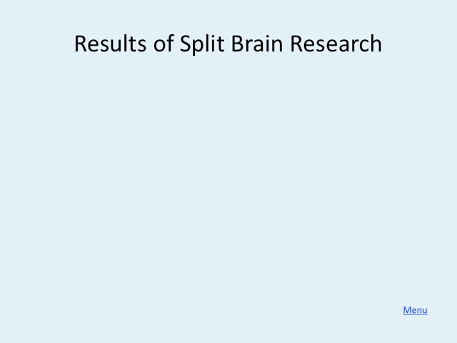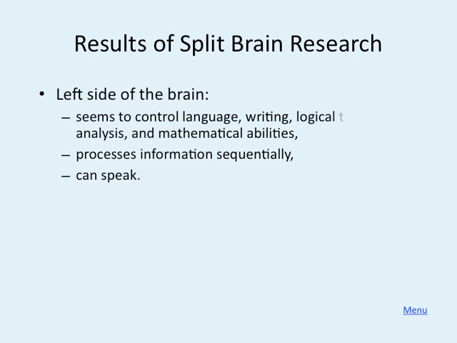Now, what have we learned from the results of split brain research? What we found is that the left side of the brain seems to control language, writing, logic, thought, analysis, and math abilities. We can process information sequentially on the left side of our brain a lot better than our right, and our left side of the brain dominates our speaking control.